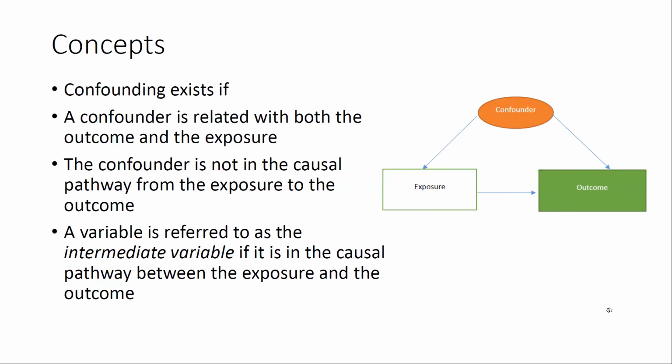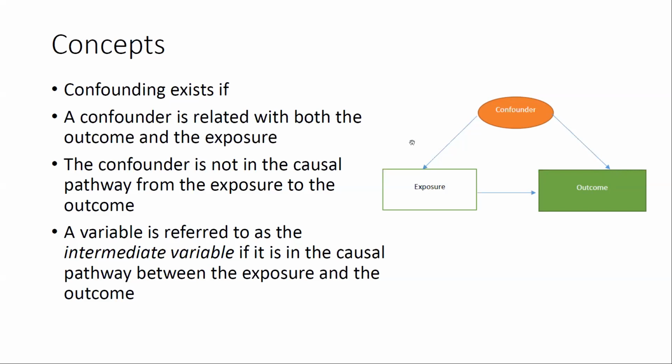That is to say, it should not be that exposure impacts this variable, and this variable then impacts the outcome. That would be called an intermediary variable.